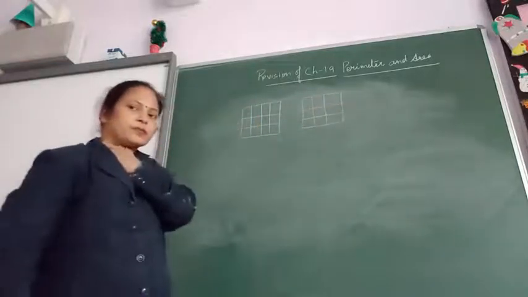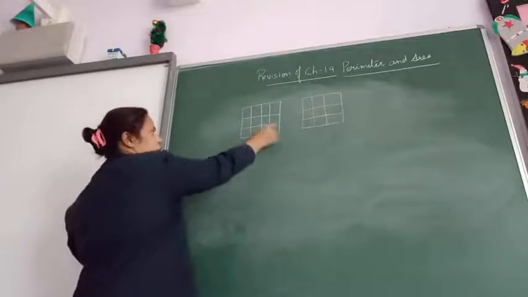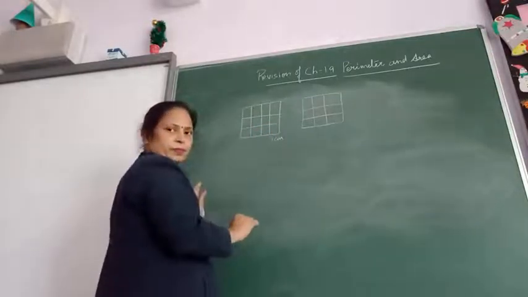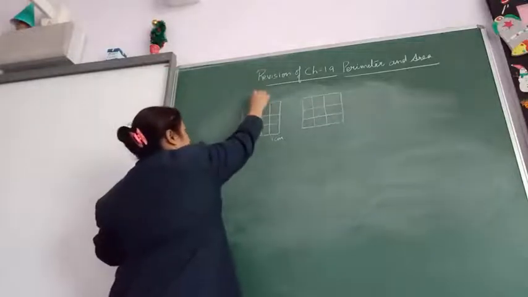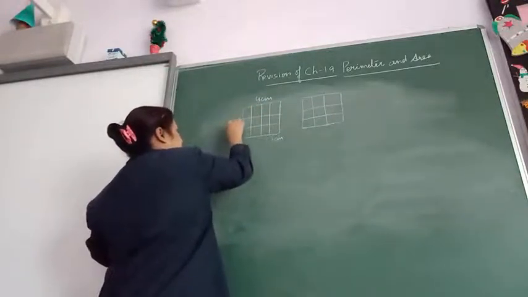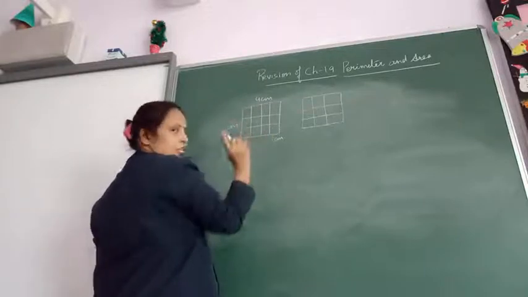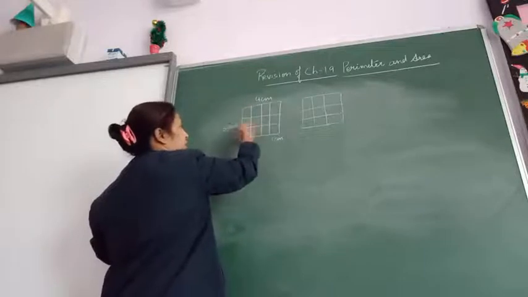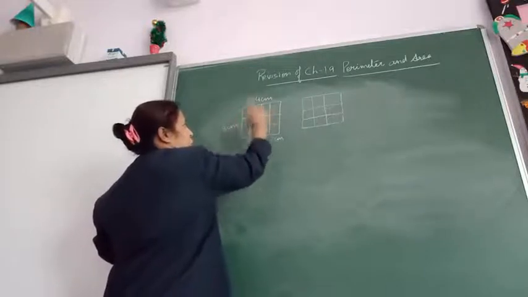Now see here, if you take one piece of this chocolate, let it be 1 centimeter. So the length of this chocolate is 4 centimeter and the breadth is 3 centimeter. How can you find out? Because each unit is 1 centimeter. So 1, 2, 3, and this is the breadth and this is the length, 1, 2, 3, 4.